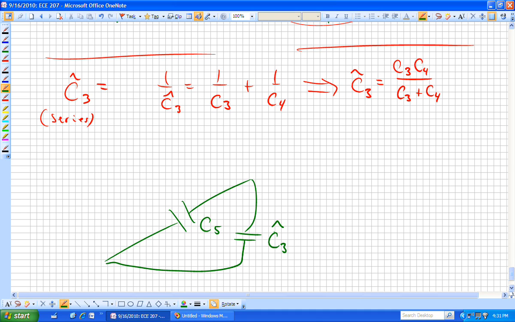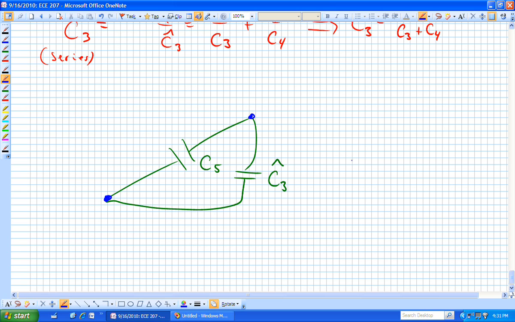And those, because they share 2 points in common on the two ends, these are in parallel. And what do I want to call that? Let me call that C sub 5 hat, that combination, which will now be C sub 5 plus C sub 3 hat.